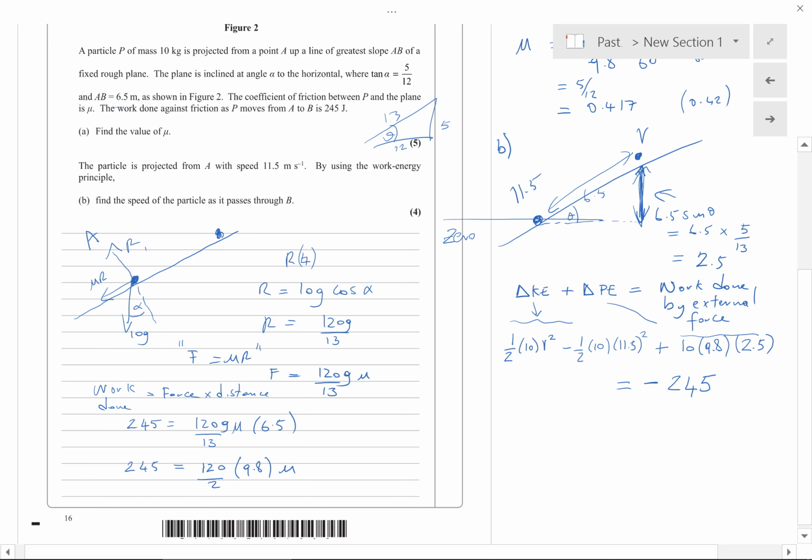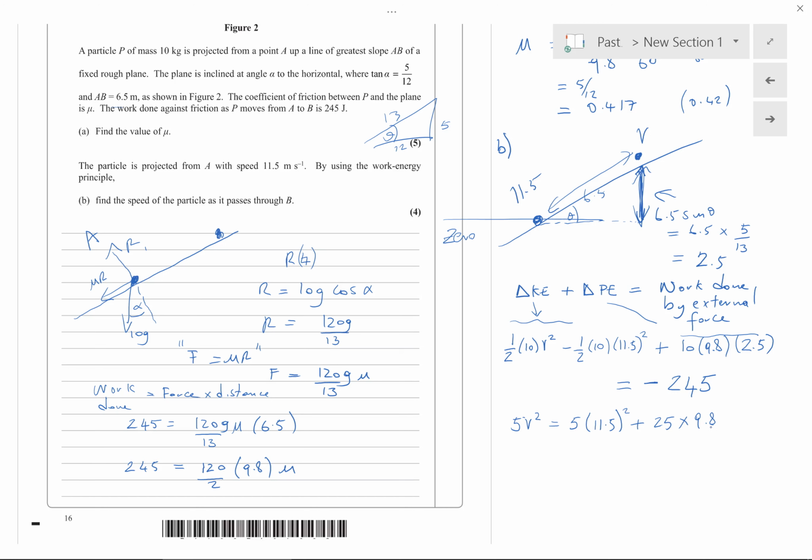Right, okay, so that gives us 5V squared is equal to 5 times 11.5 squared, taking it all over to the other side, plus, multiplying that as much as I can do in my head at the moment. Even when I use a calculator, sometimes I like to do some of the things in my head.